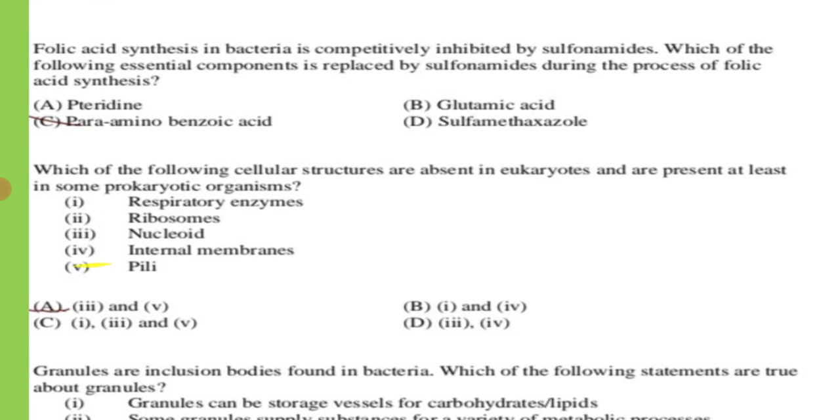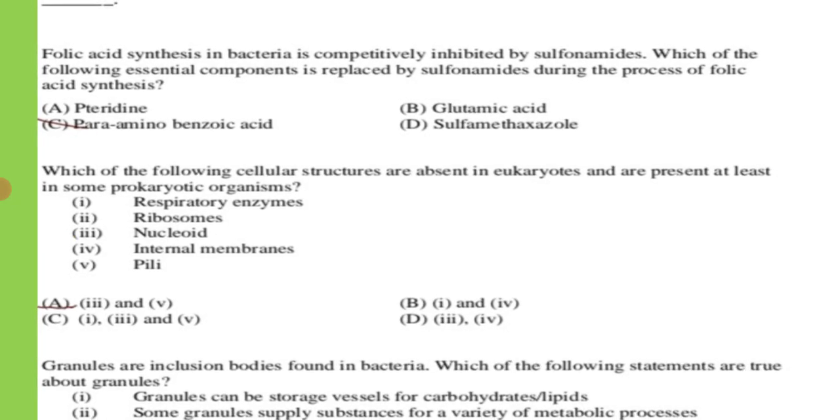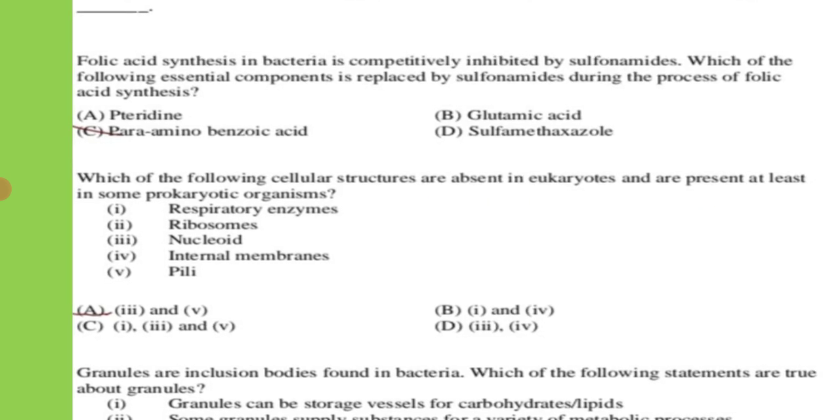The next question: which of the following cellular structures are absent in eukaryotes and present at least in some prokaryotic organisms? Here the question is asked: absent in eukaryotes and present at least in some prokaryotes.